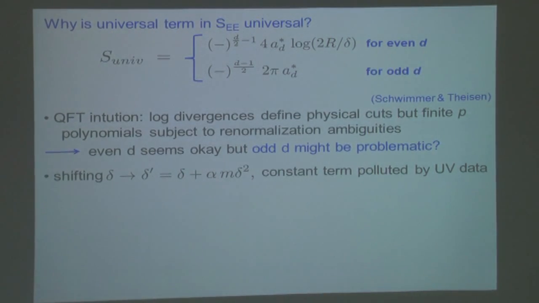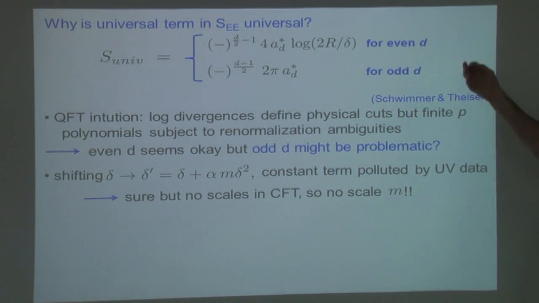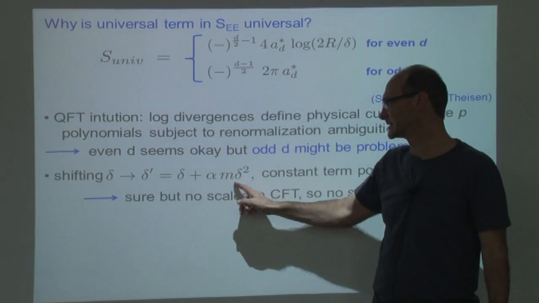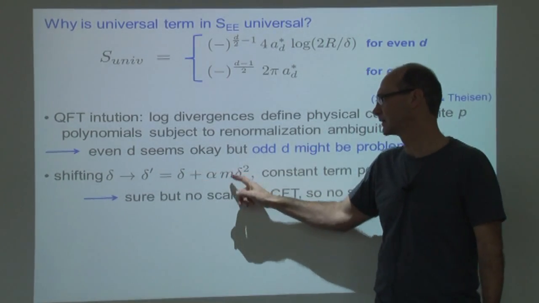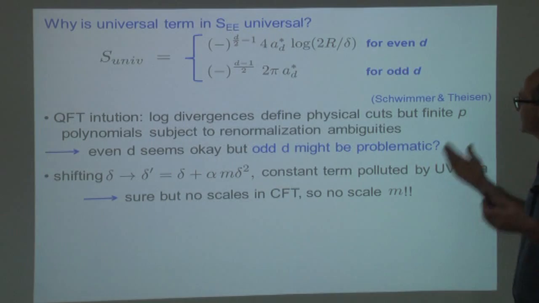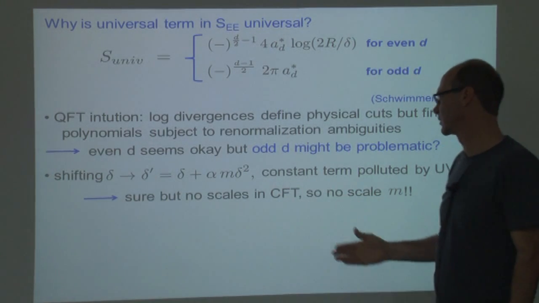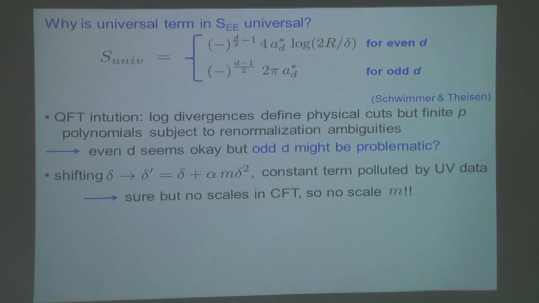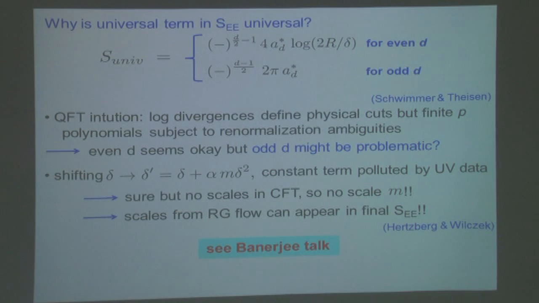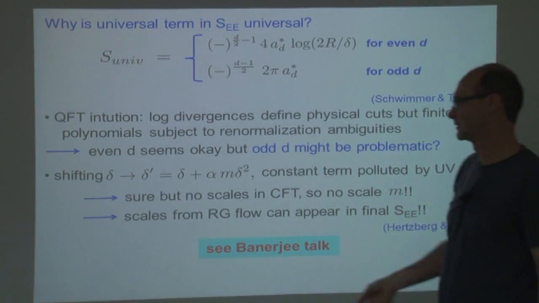So that seems bad. On the other hand, I said that if I'm sitting at a CFT at a critical point, that's a place where there are no other scales in the problem. So where did I get this m to make this formula dimensionally correct? So maybe at the critical points, that's not a problem, and this really is universal. However, the other day, we saw that that's not really true.